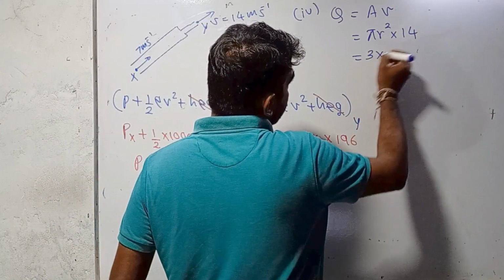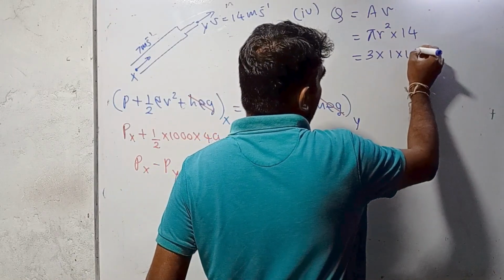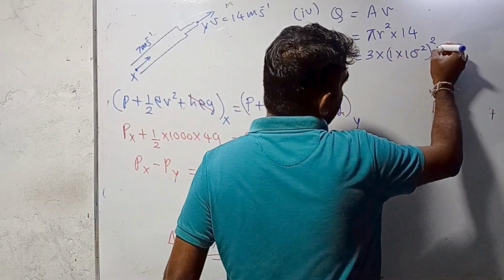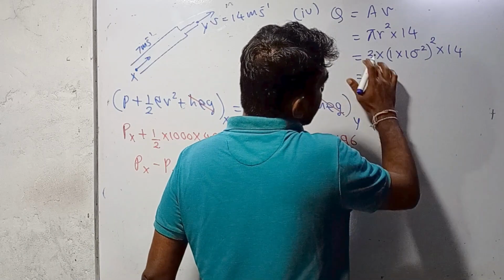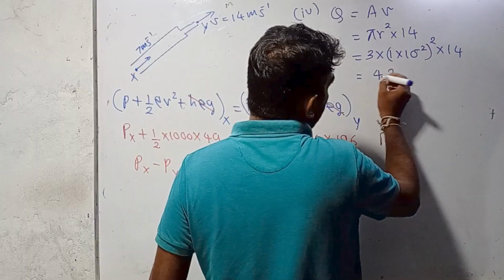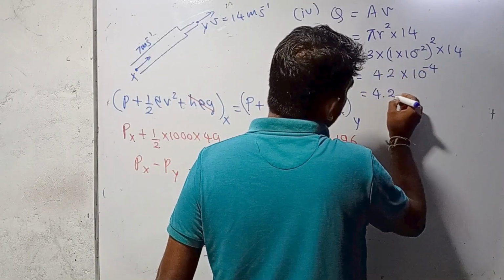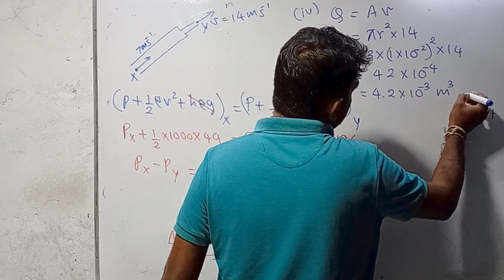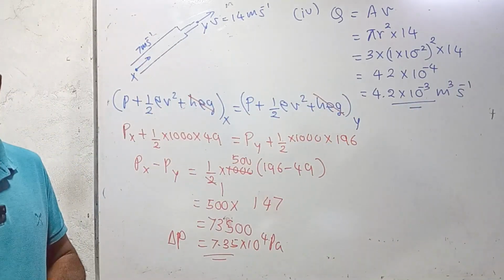So 3 multiplied by radius 1 centimeter, converted to meters, 1 into 10 to the power minus 2, squared, into 14. 3 into 14 is 42, so 42 into 10 to the power minus 4, 4.2 into 10 to the power minus 3 cubic meters per second. The unit of flow rate is cubic meters per second.